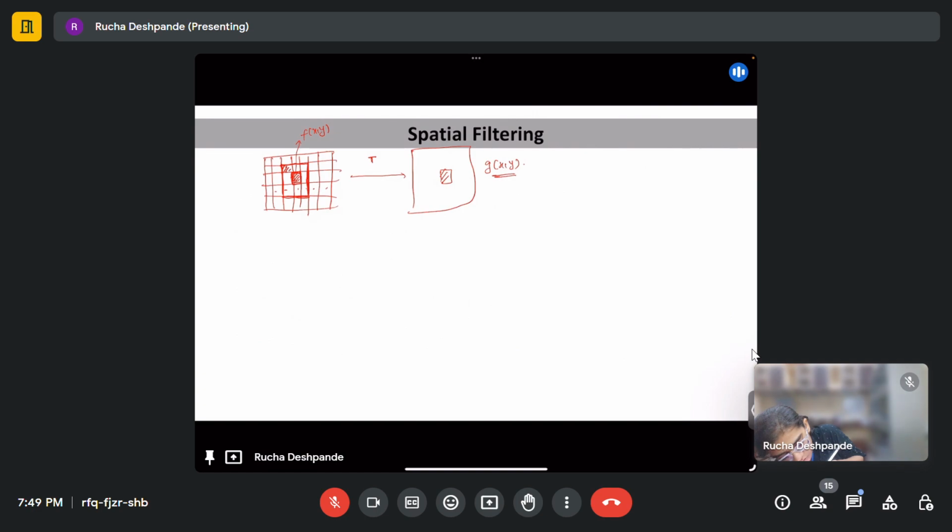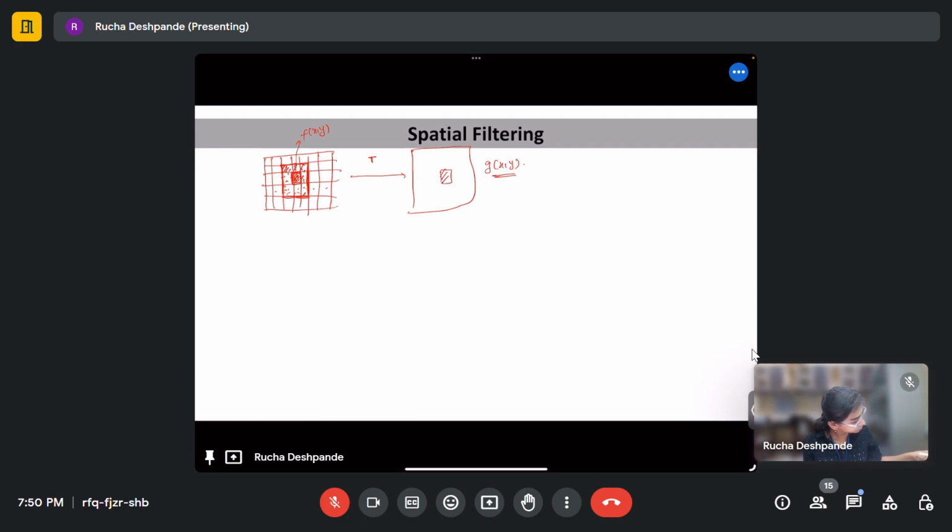So we will also apply transformations on these pixels in order to calculate the output value for this pixel. That is neighborhood operations. These neighborhood operations are carried out by using different spatial filters. Now we will look at different types of spatial filters and how they operate.